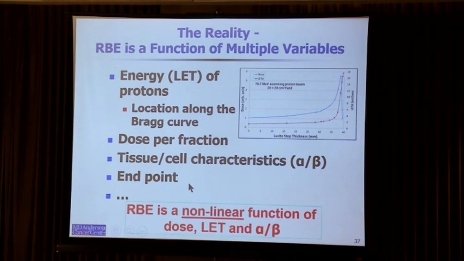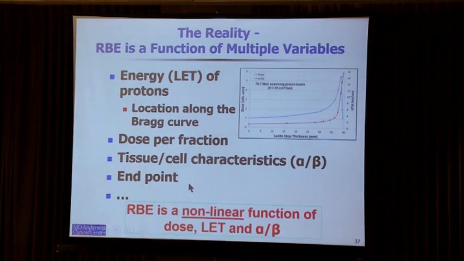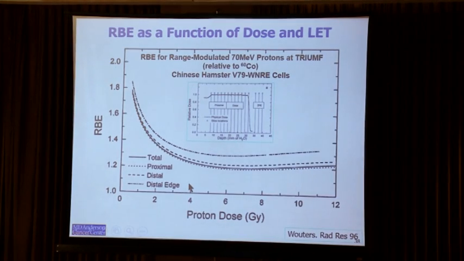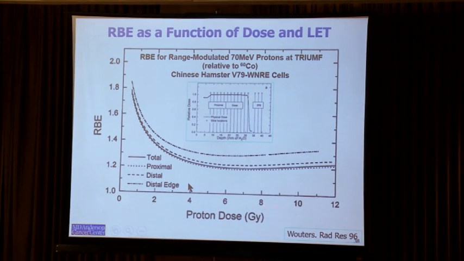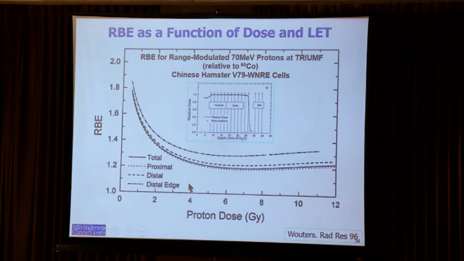The other point that I want to make is it's not just a linear function, it's a complex nonlinear function of all these factors. So here's an example, measurements done by Wouters in 1996, and here's a proton dose, and you can see the RBE varies anywhere from about 1.2 all the way up to 1.8, depending on dose per fraction. This is for V79 cells.